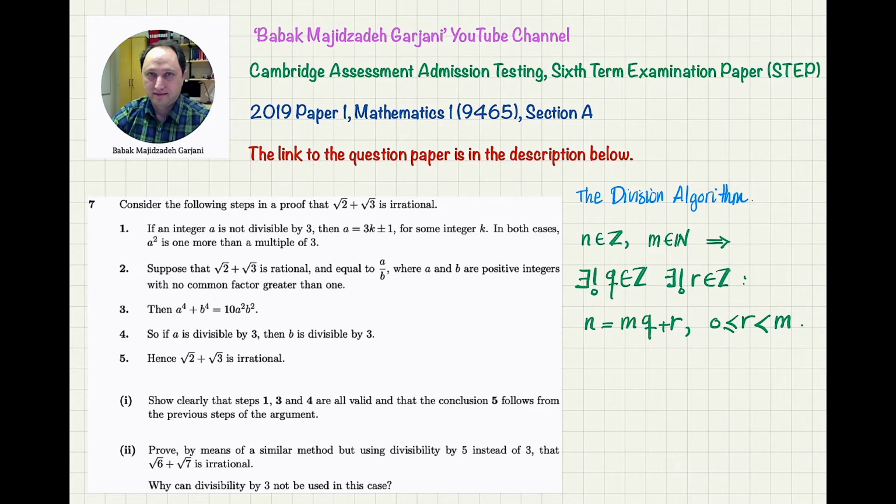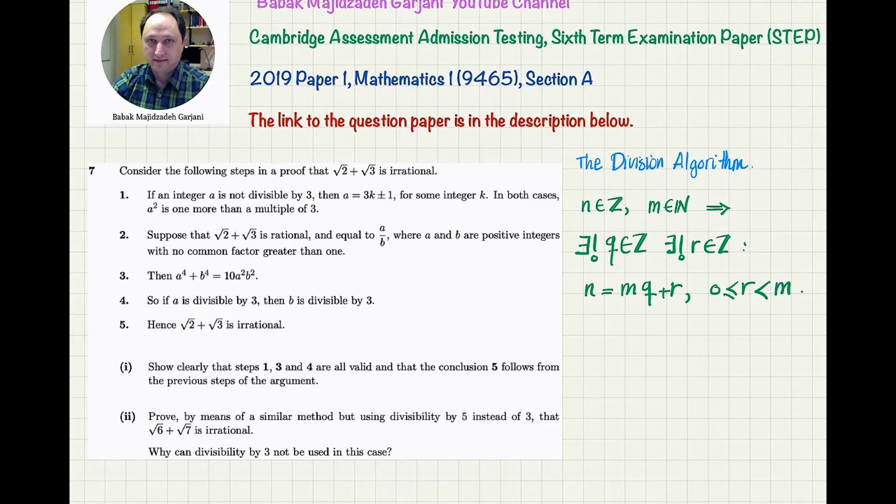Now in statement number 1 I have an integer. So let me use this in the division algorithm. Let me replace n with our integer a, and let me replace m with 3. Then what does it mean?